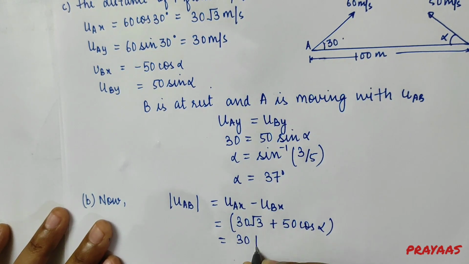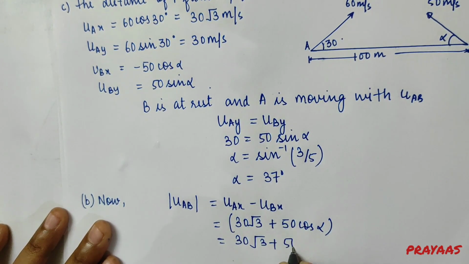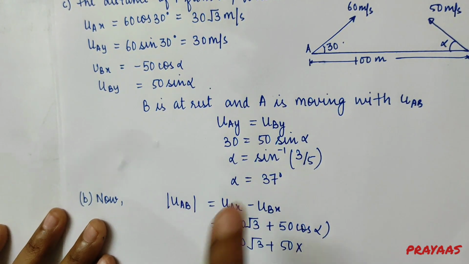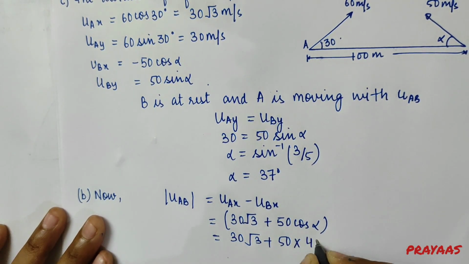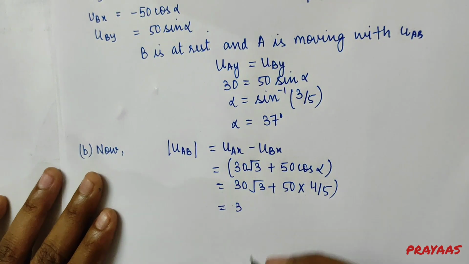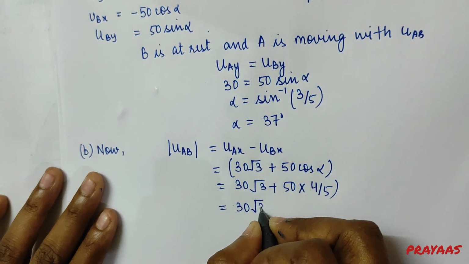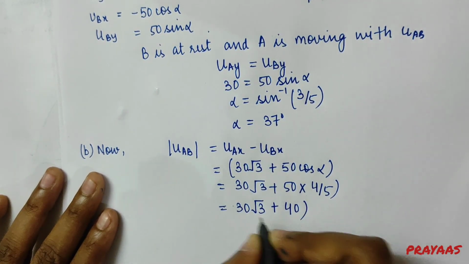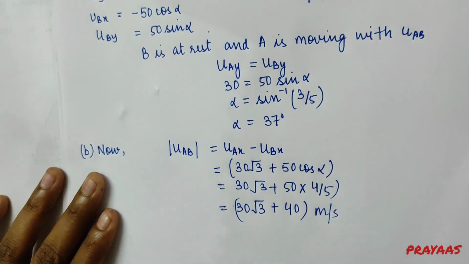This will be 30 root 3 plus 50 into cos alpha, where cos 37 degree is 4 by 5. So this will be 30 root 3 plus 40. This is meters per second.